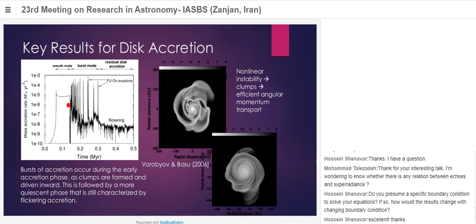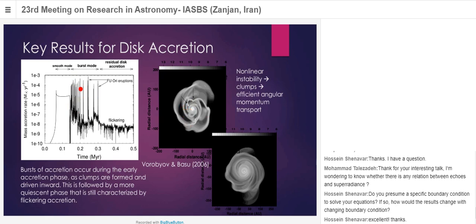Essentially, once a centrifugally supported disk is formed, the mean accretion rate, the background accretion rate, drops significantly. But you get these periodic, actually I should say episodic, bursts of accretion, which can go much, much higher than the background value. And those bursts of accretion are associated with the formation of clumps, which then migrate inward and go into the center.